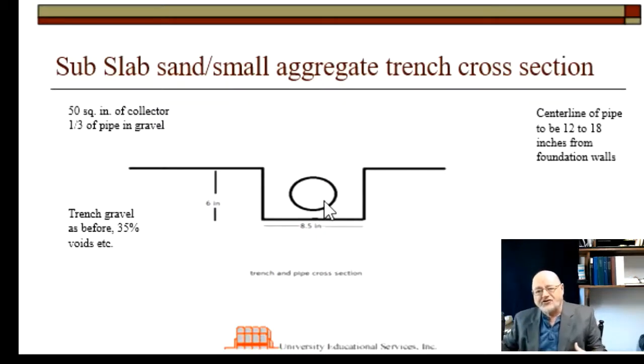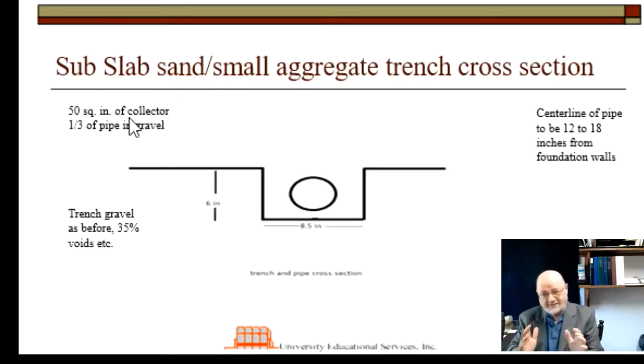And the other condition is that the total cross-sectional area included by the pipe cross-sectional area and the cross-sectional area of the trench, the sum of those two has to come out to be at least 50 square inches. Those are really the two conditions. Now you can make it bigger than that.